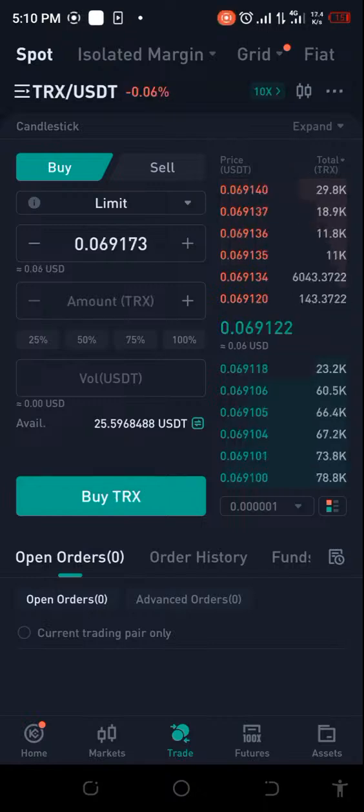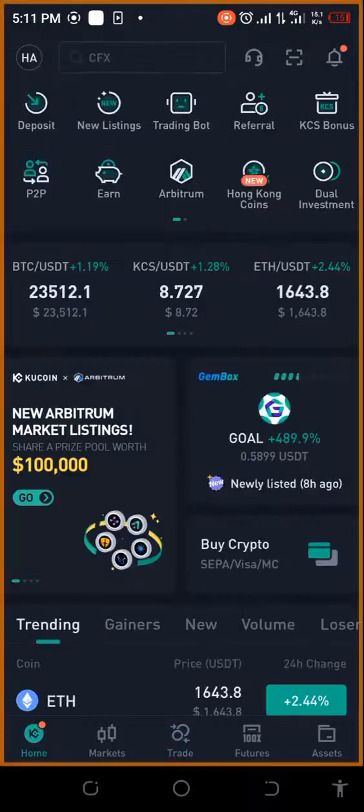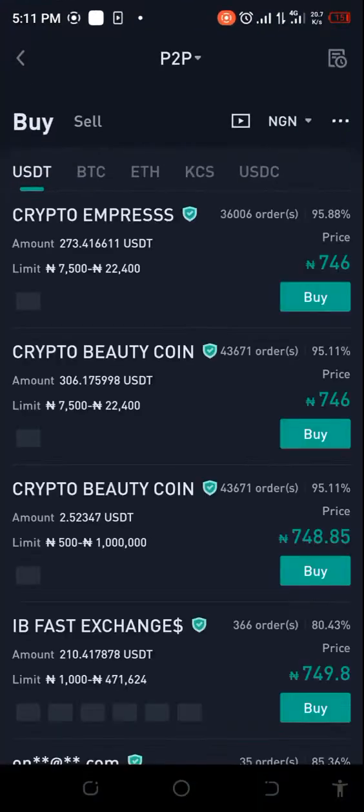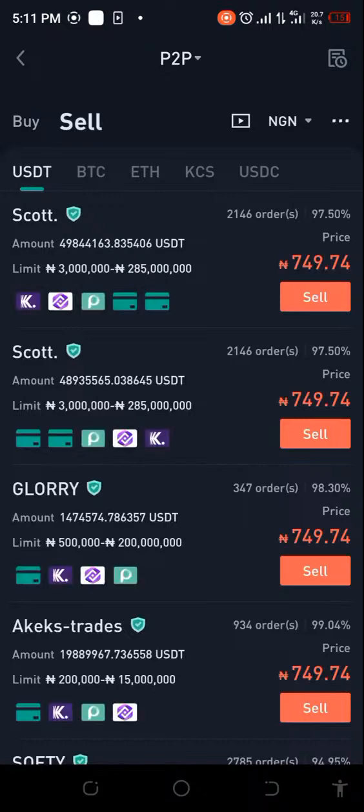Okay, so we're here to change this to TRX. Now, of course, there are two ways you can do this. You can actually decide to use the P2P. If you look here, you will see that KuCoin has P2P, right? So you can actually decide to withdraw your money by just selling it off. It's very possible.